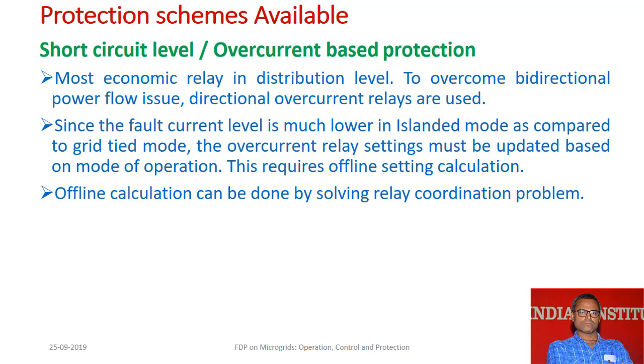Because in the numerical relay, it is easy to adjust. Automatically, it can be adjusted. Offline calculation can be done by solving the relay coordination problem. So offline design of the protection schemes is possible for relay coordination.